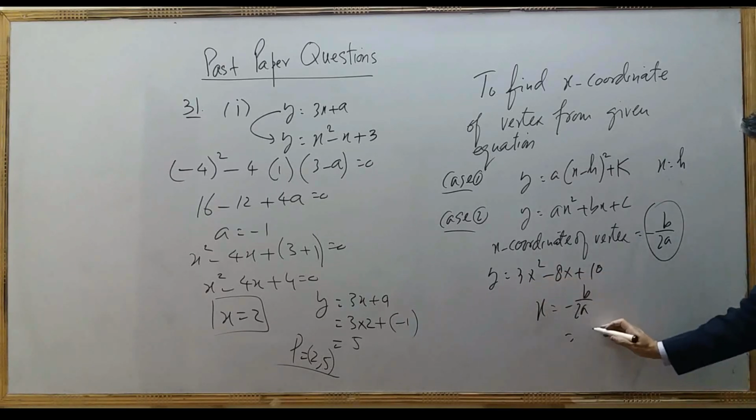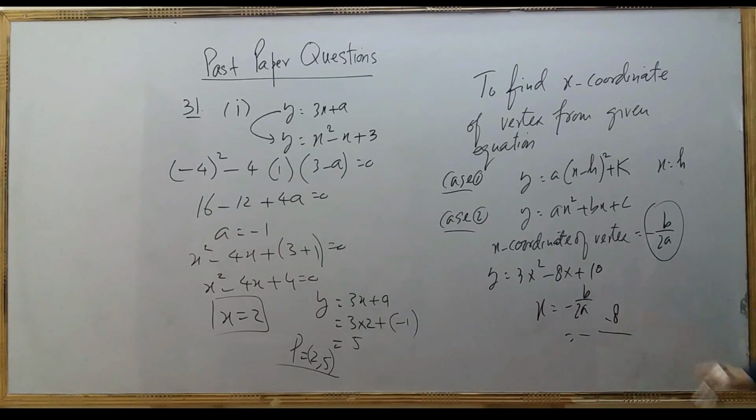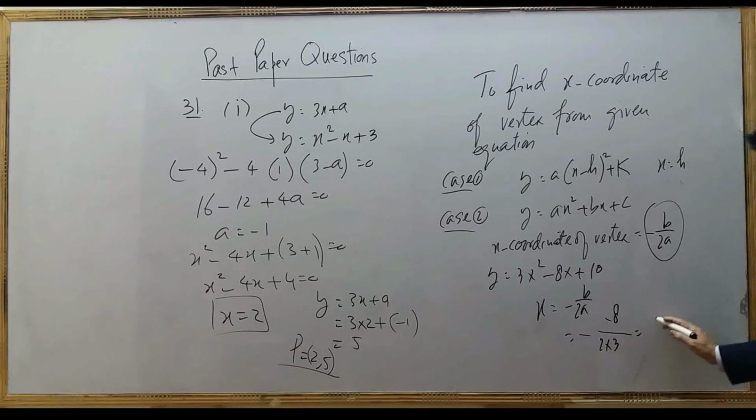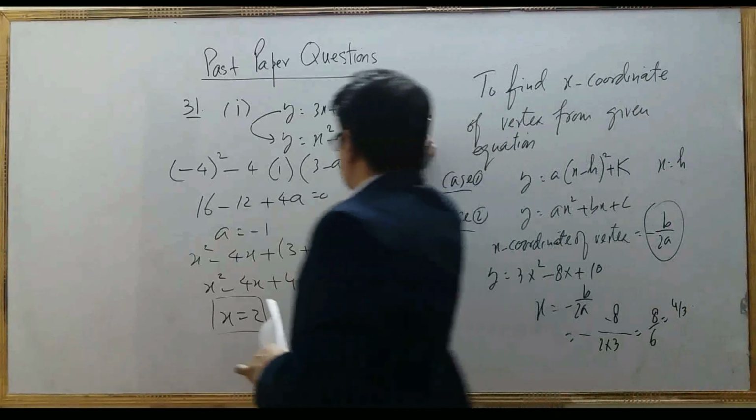So the formula is minus b over 2a. Now your b is minus 8 and a is 3, so 2 into 3. So this is 8 over 6, or you can write 4 over 3. This is how to find the x coordinate directly from the equation.